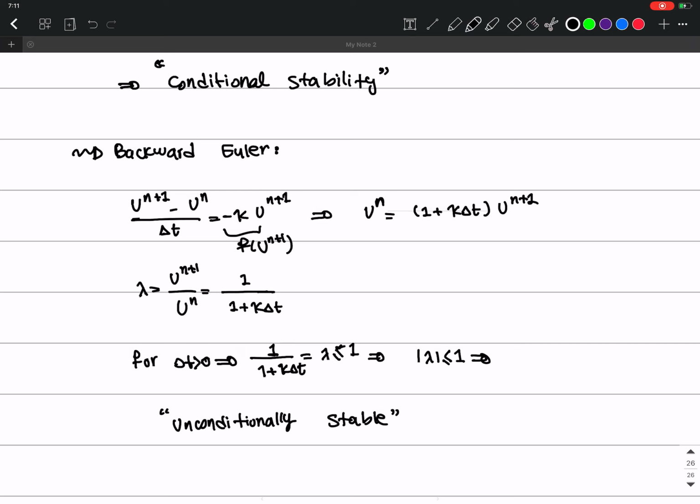This can be complicated in such problems, especially if you have a nonlinear function here, so you need to solve some matrix algebra. That is a disadvantage of this method, but the advantage is it's unconditionally stable. No matter what time step you choose, your numerical scheme is always going to be stable.